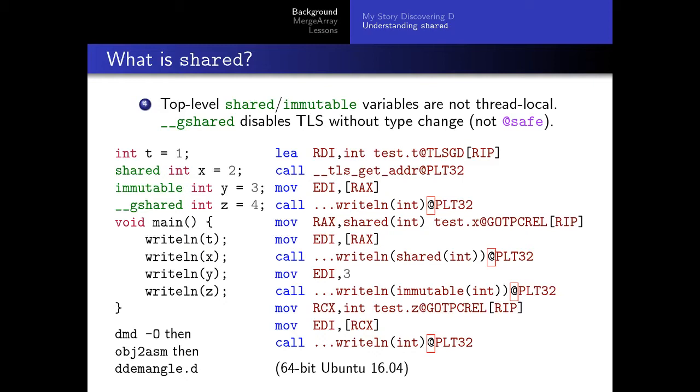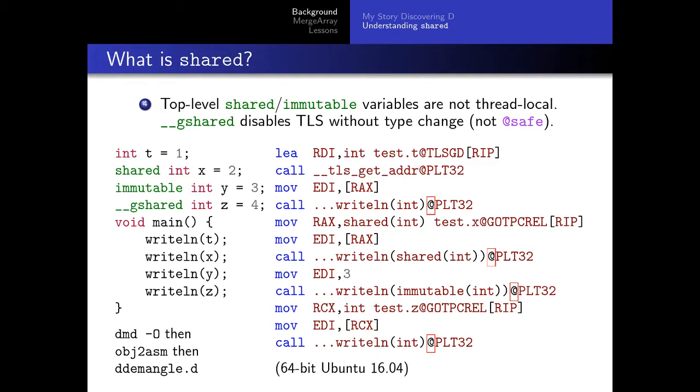And in the assembly here, you can see that t, which is just a normal global integer, has to be loaded from a special part of the memory that's called TLSGD, and the RIP is just a thread. I was compiling this with 64-bit Ubuntu 16.04, which has position-independent executables. But that's not important for this talk.